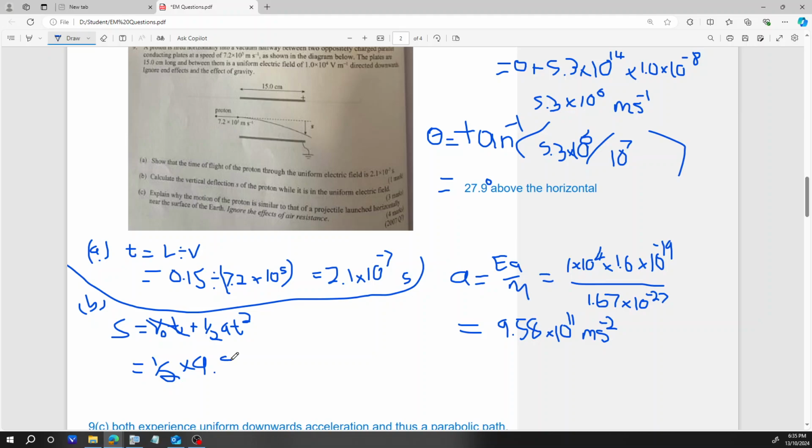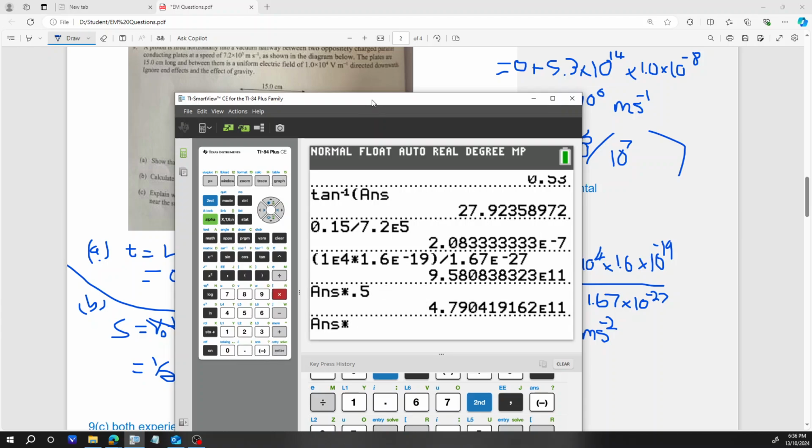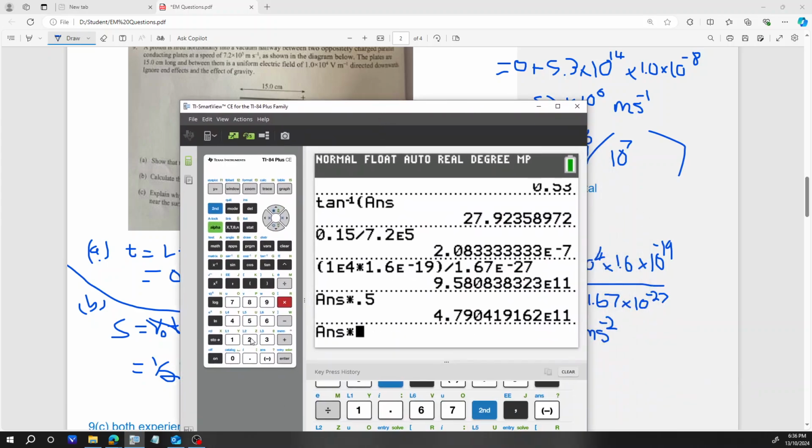We did in part A. Times 10 to the 11 times, okay, times bracket. Oh boy. Yeah, we did that earlier. Let's just show that anyway. So yeah, this one is 4 marks, so there's multiple sections you have to do to get this right. 10 to the 7 squared. All right, so I've already got the acceleration here, so I'm going to times that by 0.5. That's that part done, and then times it by the time squared.